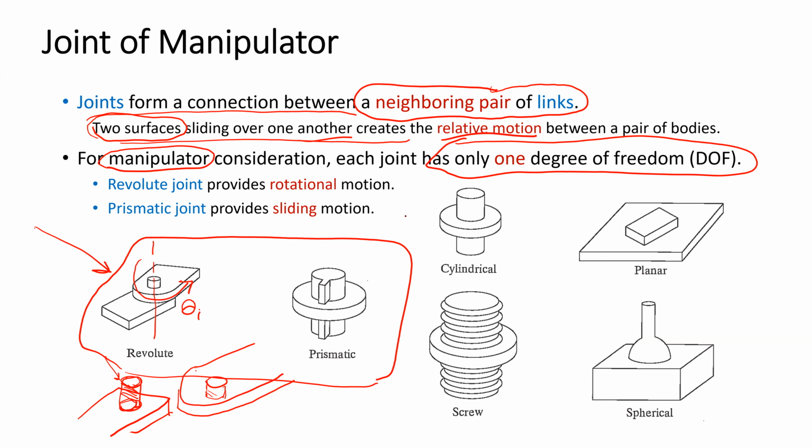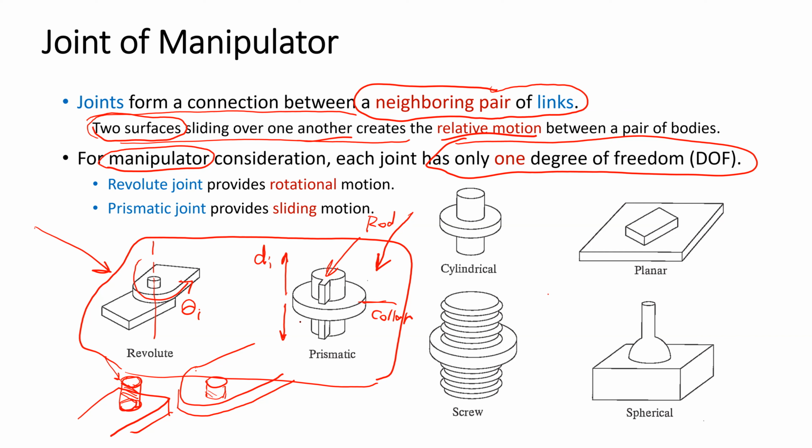And for the prismatic joint, if you see here, the collar can be moved upward and downward against the shaft, or you can think in the opposite way: the rod inside can be moved upward and downward with respect to the collar. The prismatic joint has only 1 degree of freedom.